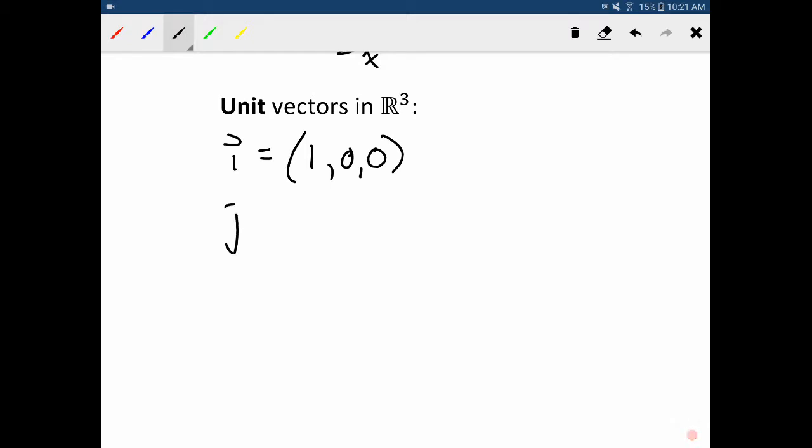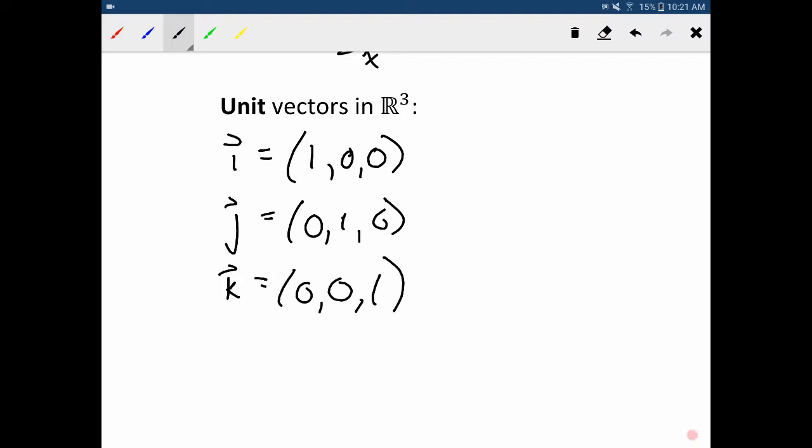Then j is still along the y-axis, so it's (0, 1, 0). And then we've got k, which is (0, 0, 1), on the z-axis.